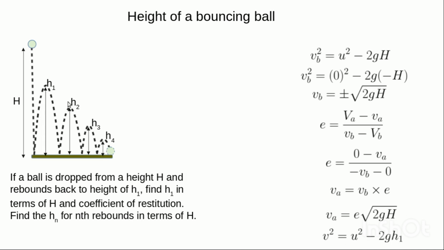When it gets to the maximum height, the velocity there will be 0. Then we can calculate the value of h1. So 0, that's the final velocity at the maximum height, equals the initial velocity, which is the velocity after collision, squared, minus 2gh1. From there, we can simplify by sending this one to this side.